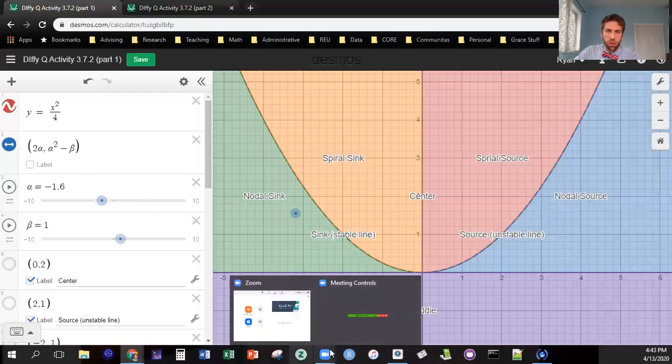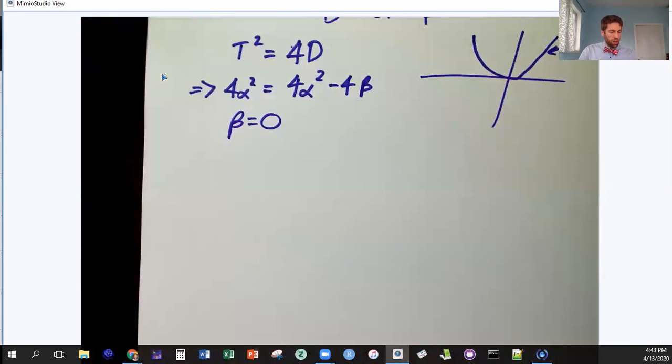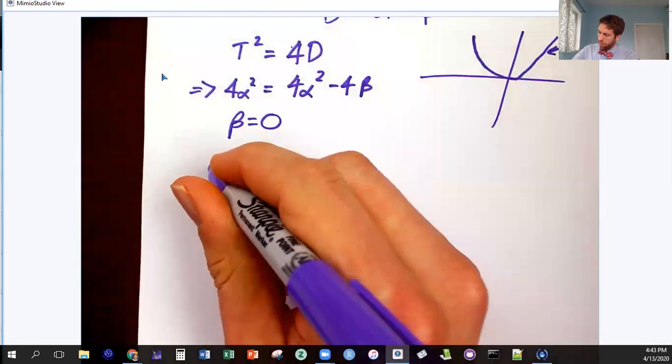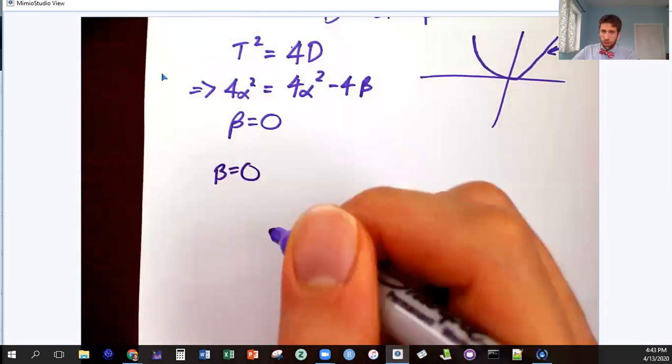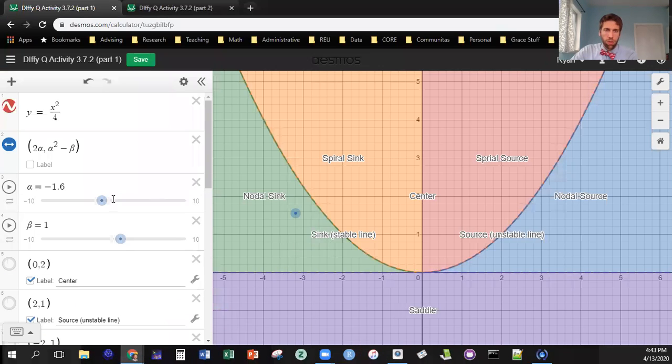So let's go back to this. Some of the things I said were, if beta equals 0, then we have a source, unstable line, or sink, stable line.